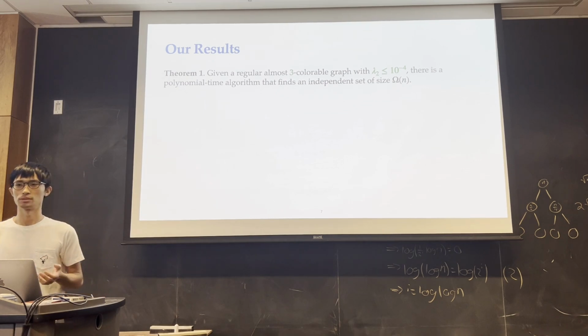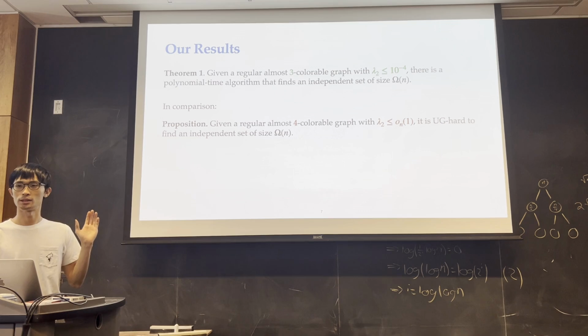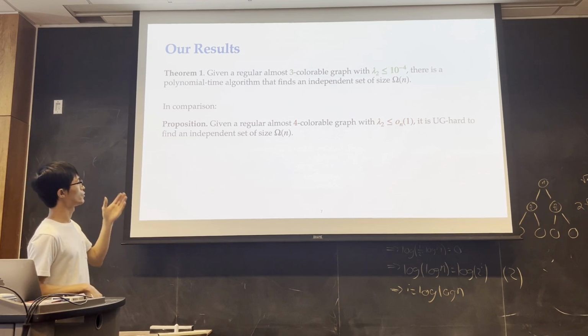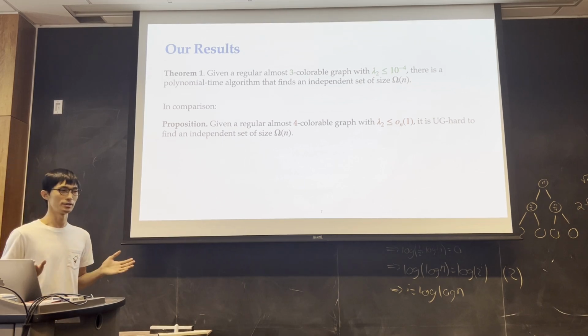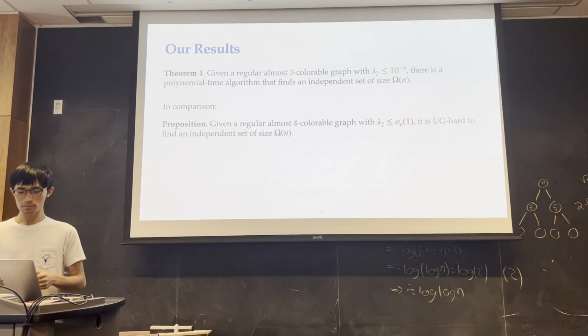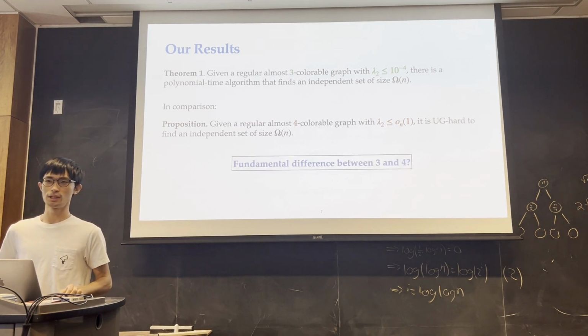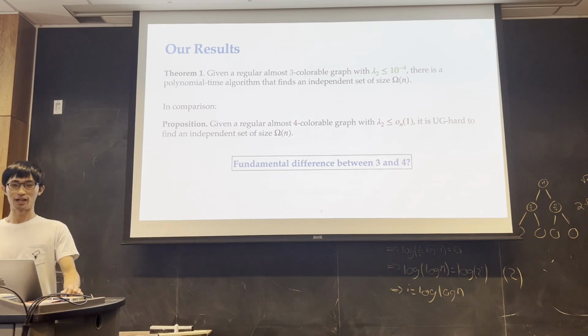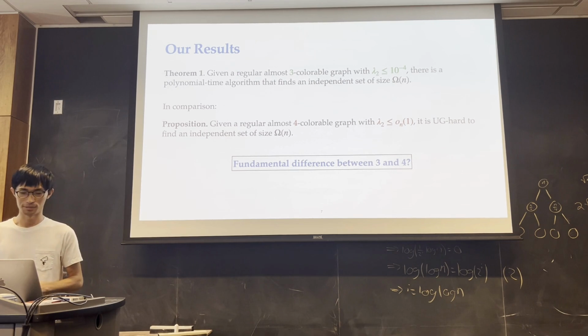This is quite surprising because in comparison, the previous hardness result says that if you replace 3 by 4, then even if you assume a stronger assumption that lambda 2 is at most little o of 1, it's usually hard to find any large independent set. But there seems to be a fundamental difference between 3 and 4. And to be honest, we don't know exactly why. We know exactly where this breaks down.